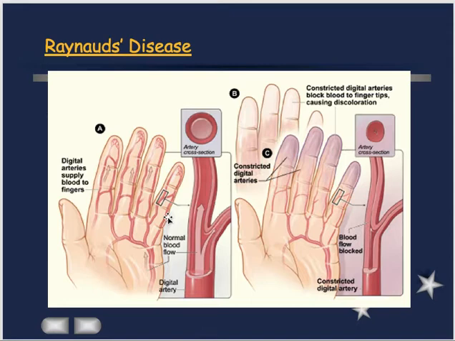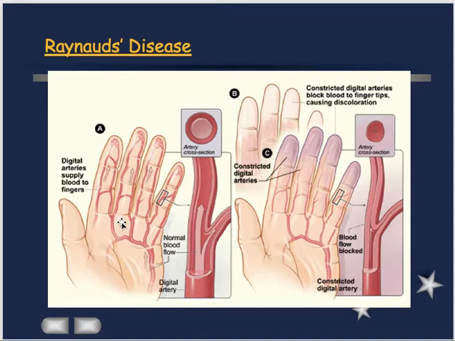So this is called Raynaud's disease, okay? Now, don't confuse it, because there is also something called Raynaud's syndrome. Raynaud's syndrome is associated with certain collagen vascular diseases like systemic lupus erythematosus or rheumatoid arthritis, okay?